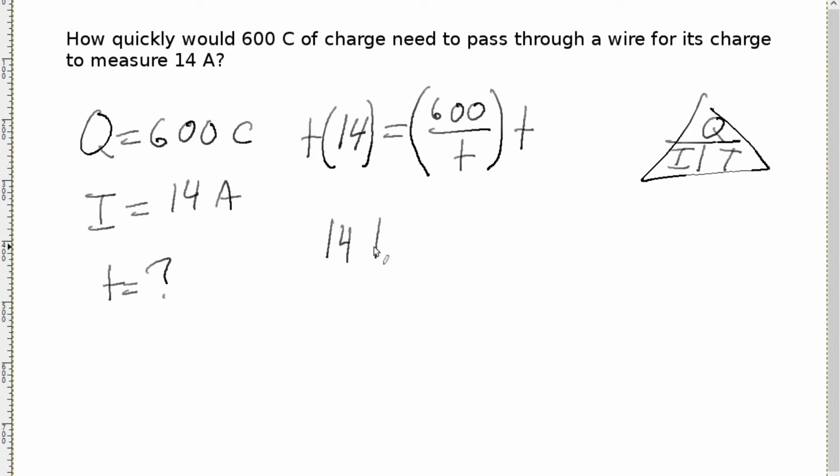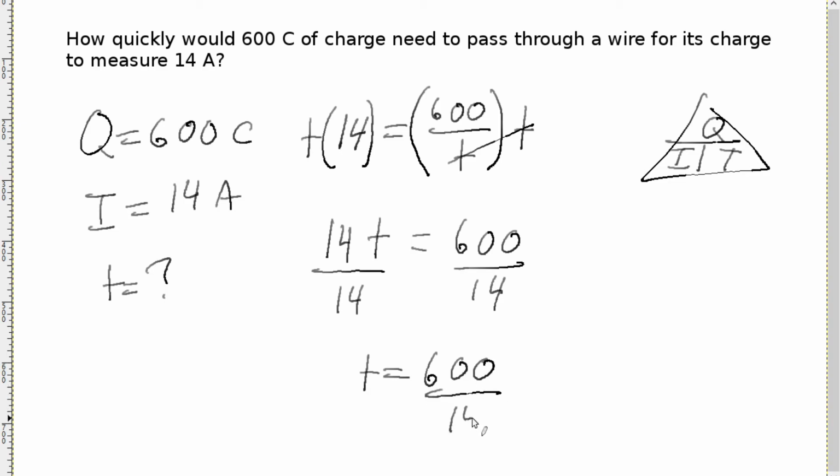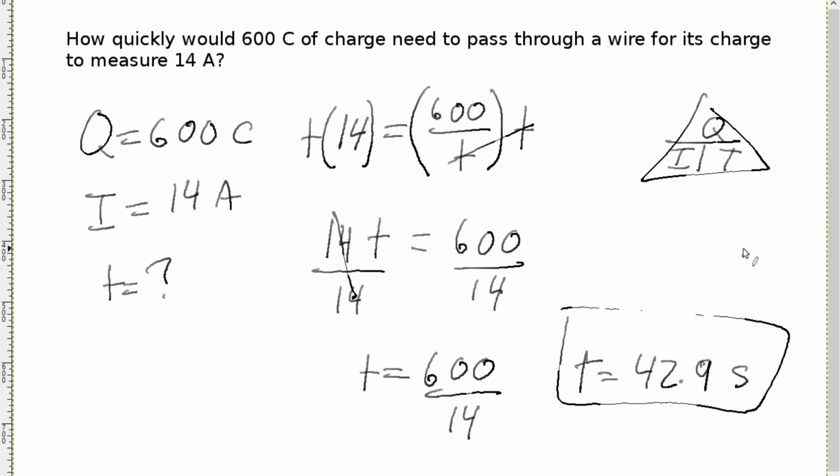So we end up getting 14t equals, and then these cancel out, 600. And then we divide that by 14, and we have to do that to both sides. So t equals 600 divided by 14. And we end up with 42.9 seconds, rounding up. So that would be our answer for this question.